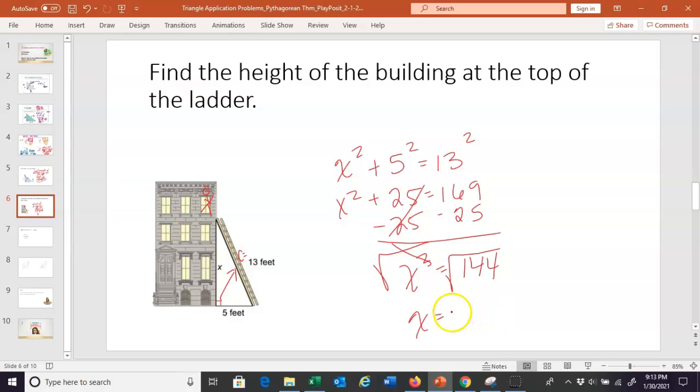And you get x equals 12 feet. So in this case, 2 stories of this building are 12 feet. So each story is about 6 feet approximately. So he would know, I'm going to grab that 13-foot ladder and put it 5 feet from the base of that building to reach the tip of that third floor.